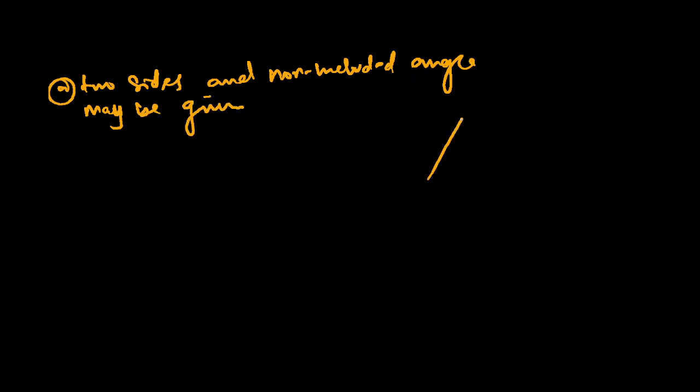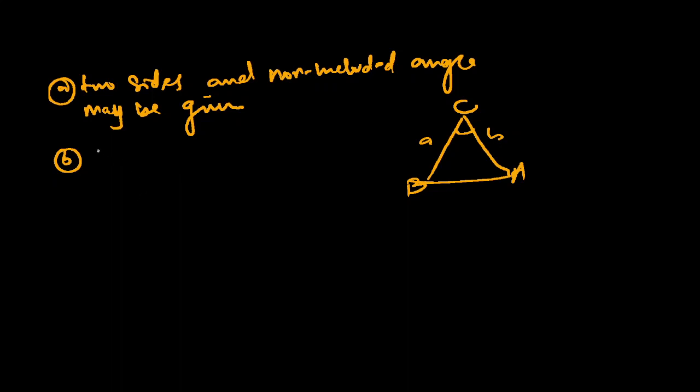If you have a triangle like this, you may be given side A, side B, and you are not going to be given side C, but the angle of C will be given. Do you understand this now? So you are not given this side, but you are given the angle that faces it. That's the first condition.